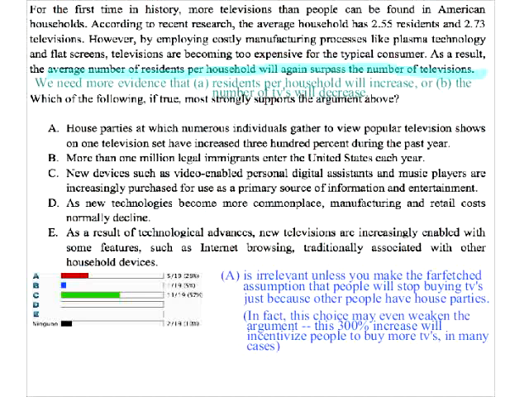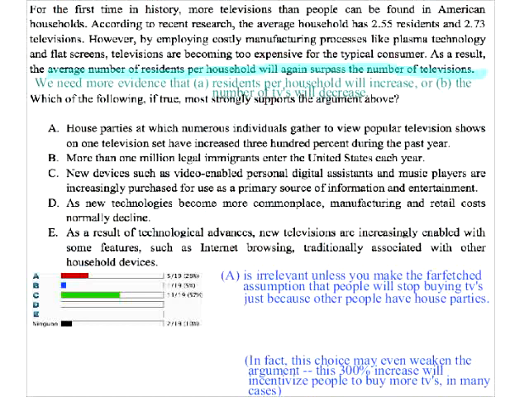The only way that it could decrease the number of TVs is if you actually assume that people will get rid of their television just because their friend has house parties. And I mean, a big thing about these problems is that you have to use common sense.